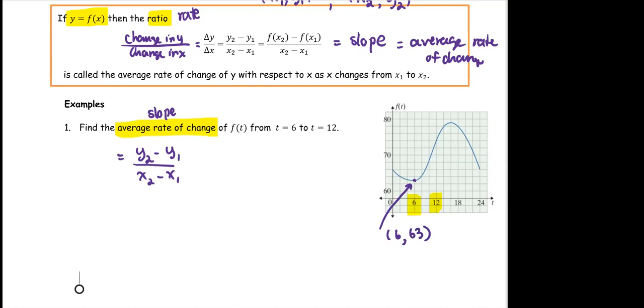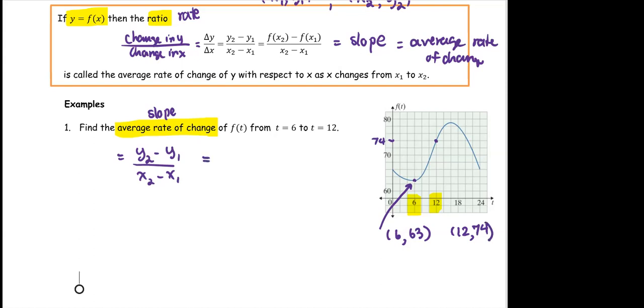And then how about the second ordered pair? When t is 12, what is the function value? 74. That's much cleaner than the other one, right? So we have two ordered pairs.